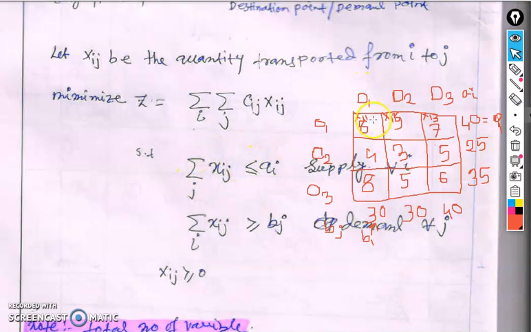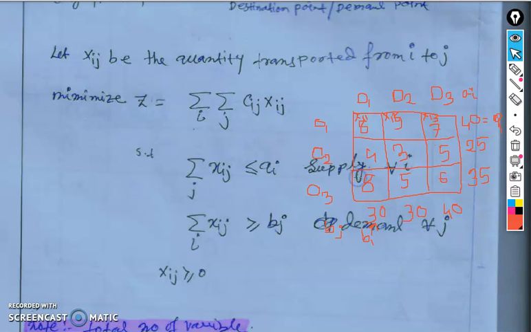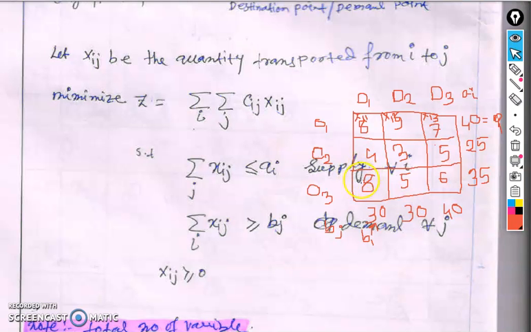For the restriction of the demand, if at a destination point the demand quantity is 30, that means the destination point must store at least 30 units. For exactly that reason, here we write the variables x11, x21, x31.